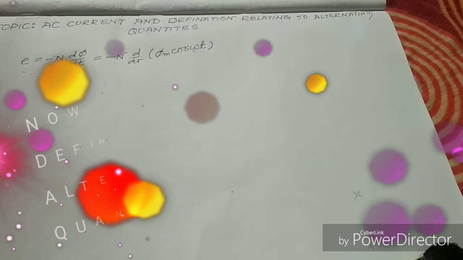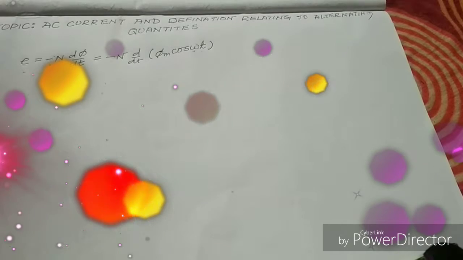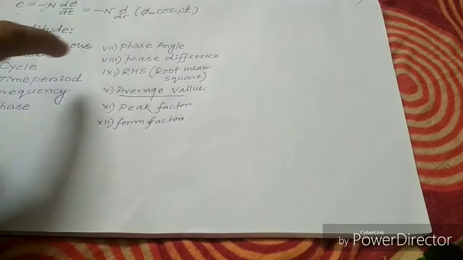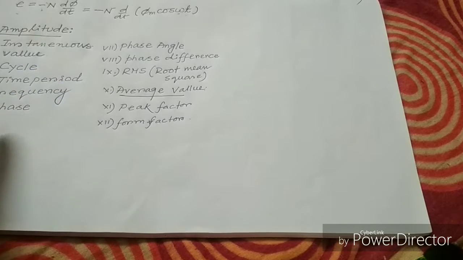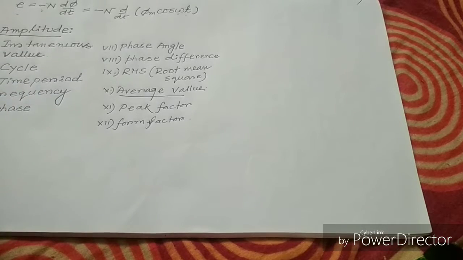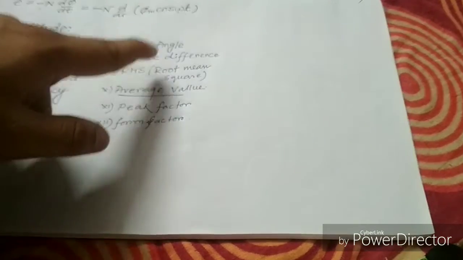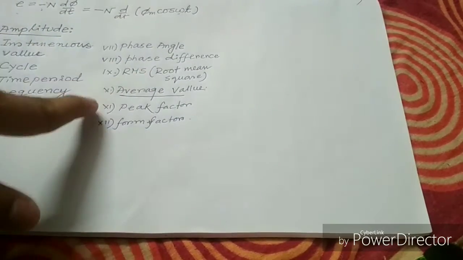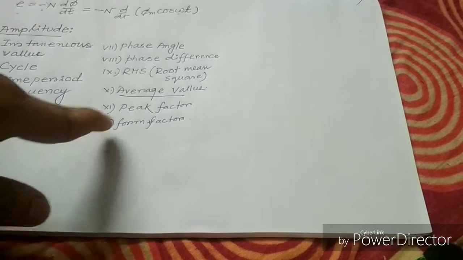There are some terms related to alternating quantities: one is amplitude, two instantaneous value, three cycle, four time period, five frequency, six phase, seven phase angle, eight phase difference, nine root mean square or RMS, ten average value, eleven peak factor, twelve form factor.